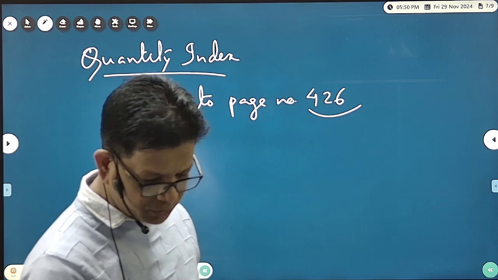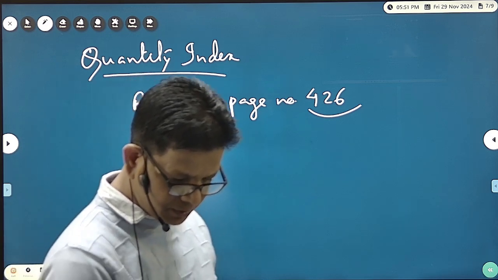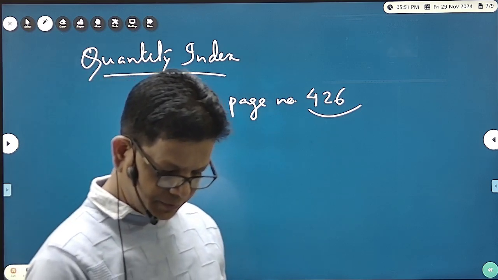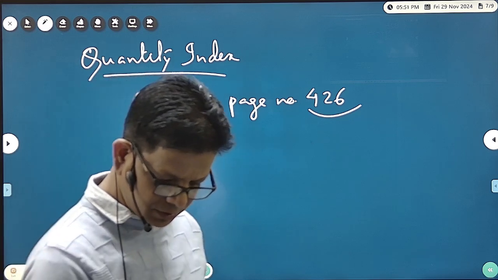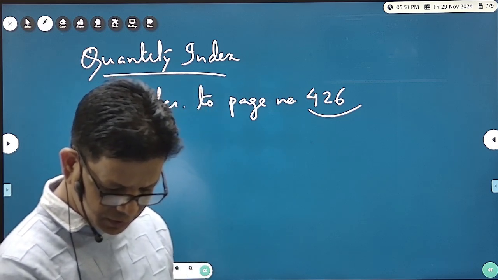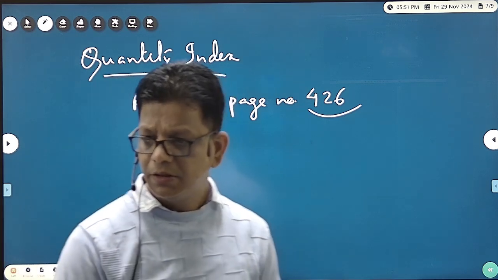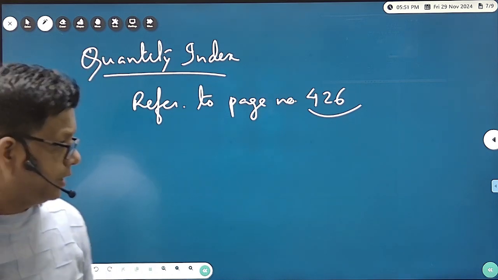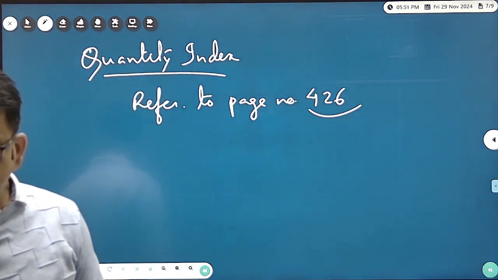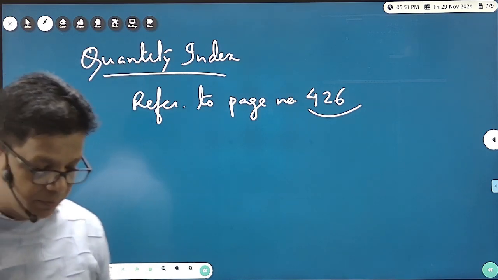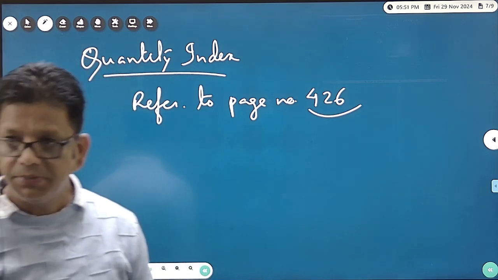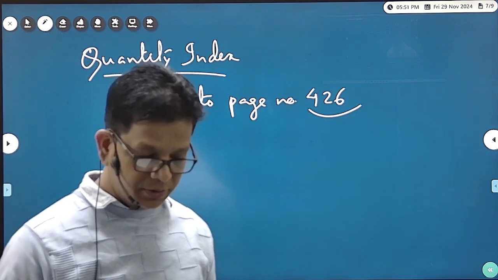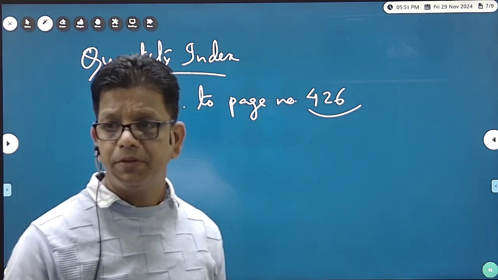Now coming to page number 434, which is 8.2 time series. While discussing correlation and regression, I gave some idea about the graphs. So this is basically graphs, or the moving trend of graphs with respect to time series.